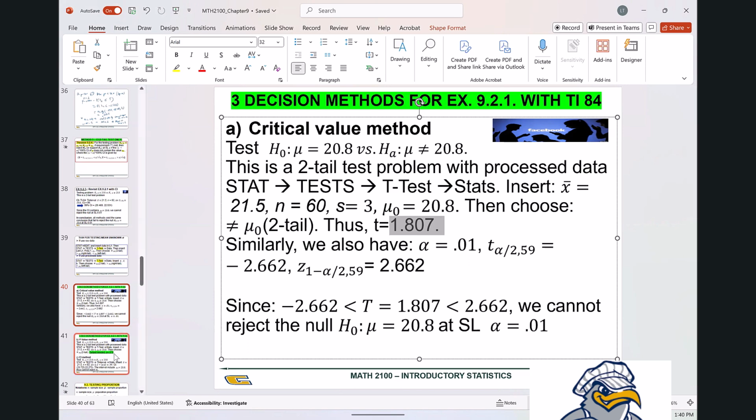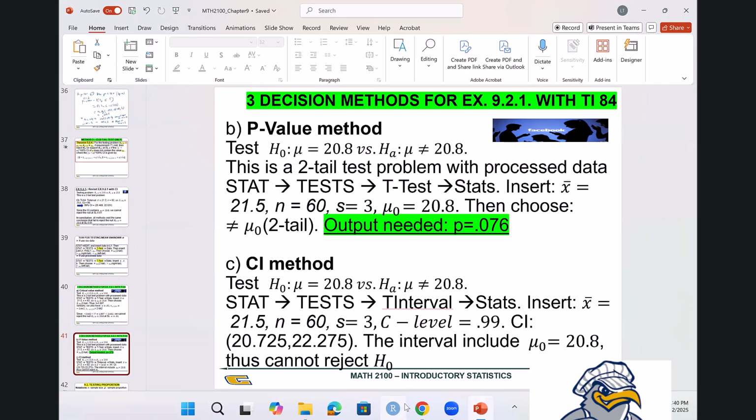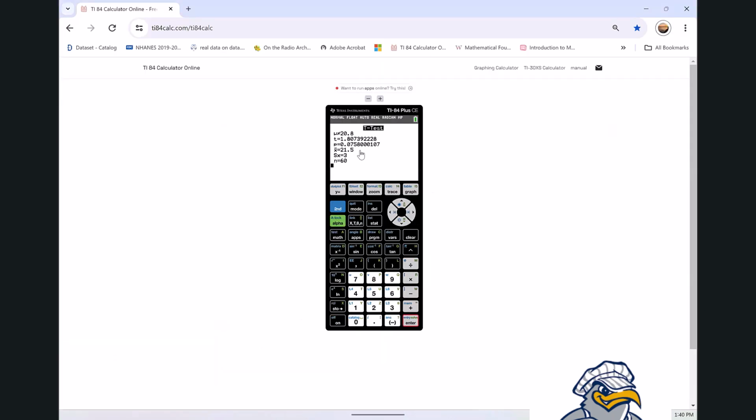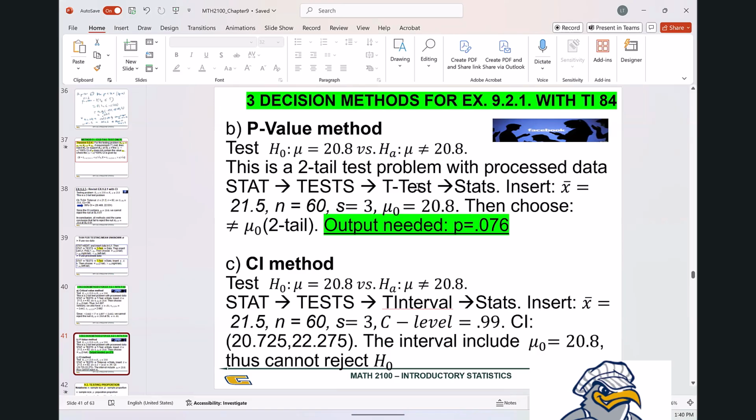So for the critical value method, you need to find the cutoff and then make a decision. For the p-value method, our line will be similar. What we need to do is just look at the p-value here, which is 0.0676, and compare it with the significance level they want, which in this case is 0.01. So you just need the output here, and from here you see that you cannot reject.